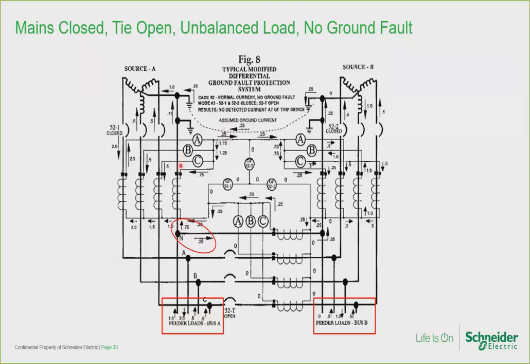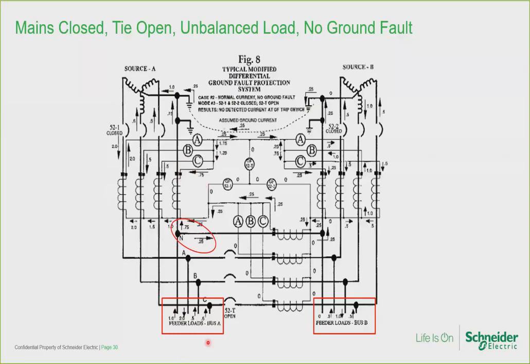That means 0.75 per unit current flows into the secondary polarity mark terminal of the CT. We have just determined the secondary current of the neutral CT of main breaker A. It's that easy.